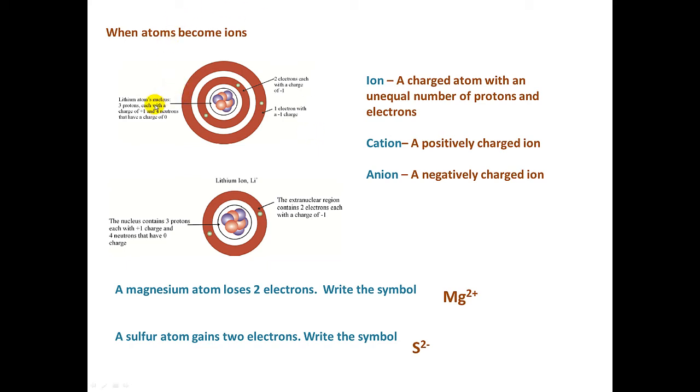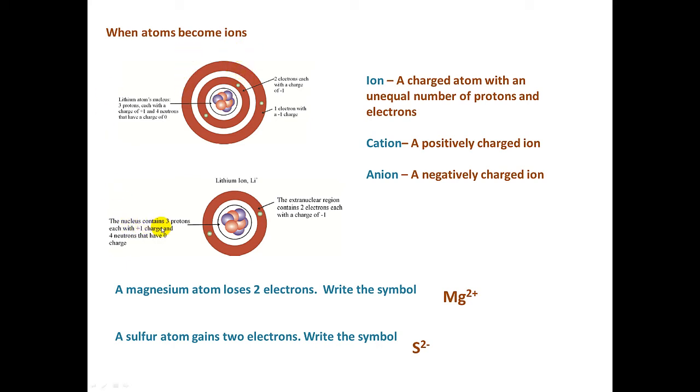For example, the lithium atom contains 3 protons in its nucleus and 3 electrons in the extranuclear region. This would correspond to a neutral lithium atom. You have 3 negative charges from the 3 electrons and 3 positive charges from the 3 protons. So you have an atom that is neutral. There is no net charge.